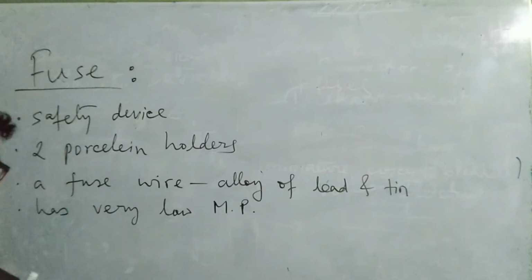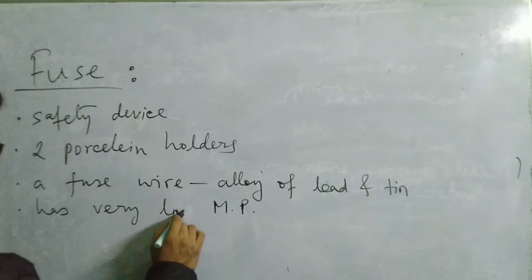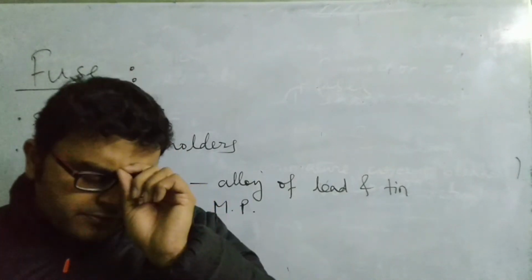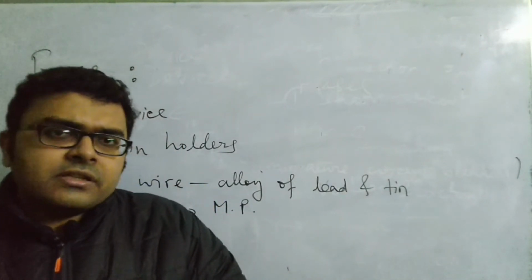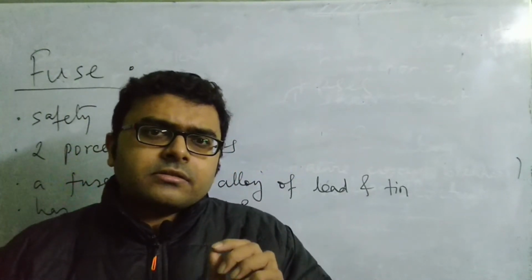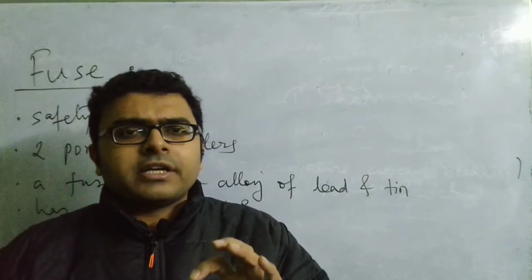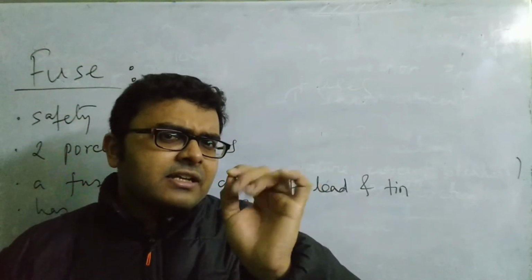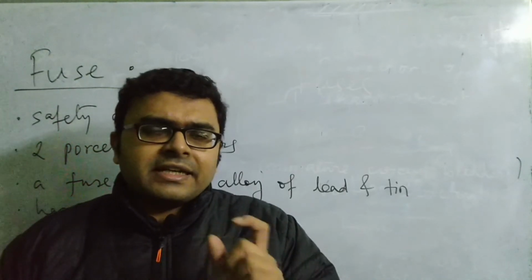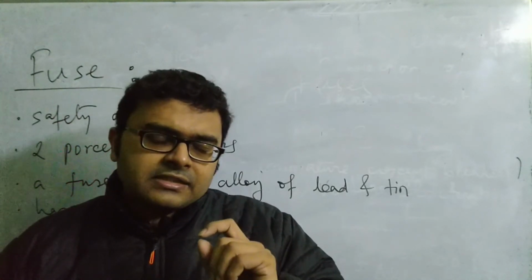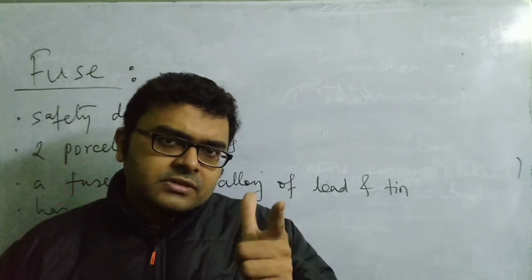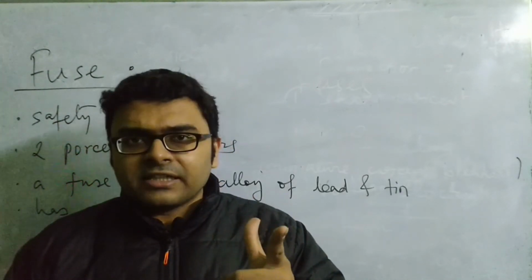As soon as a little amount of high current starts flowing through the fuse, remember this thing, all fuses are rated for a certain value of maximum current. As soon as the current is slightly higher than the permissible rated amount, the fuse wire starts heating up, and as it has a low melting point, it melts and disconnects the circuit, it breaks the circuit.